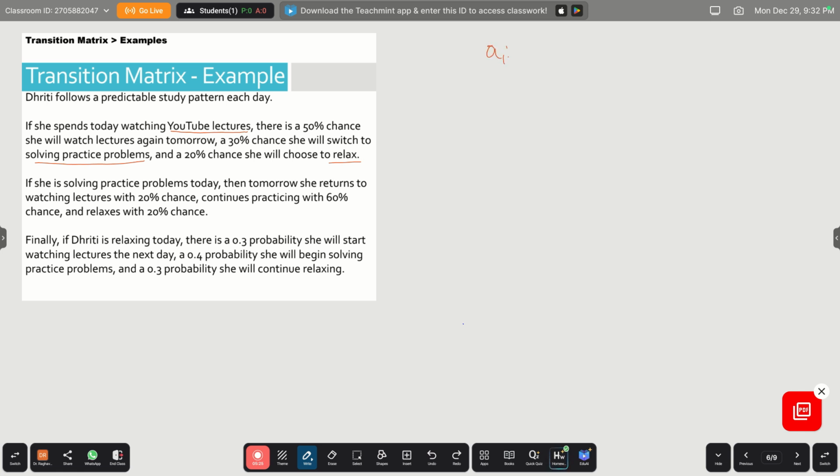A1, she watches YouTube lectures. A2, she solves the practice problems. And A3, she relaxes. So three states are there. Let us take the data from this note and try to write the transition matrix. Today she might have watched YouTube lectures, she might have solved the practice problems, or she might have relaxed.